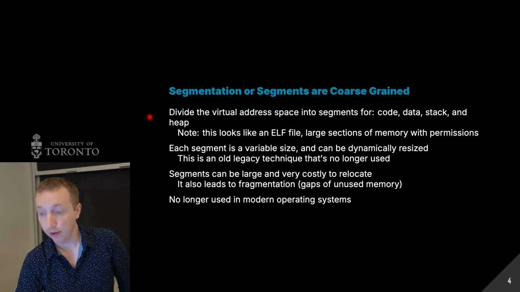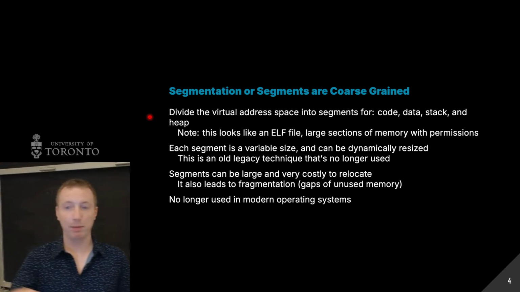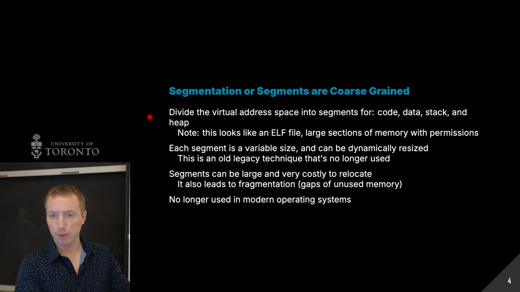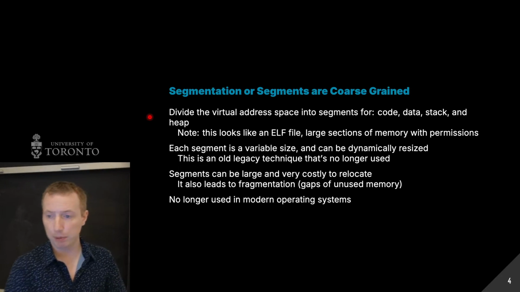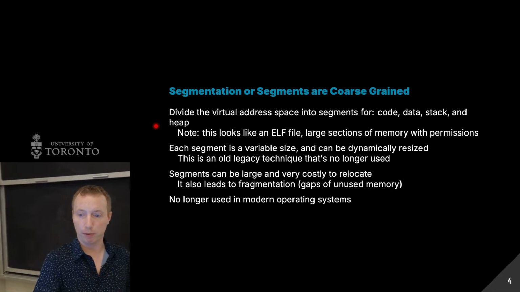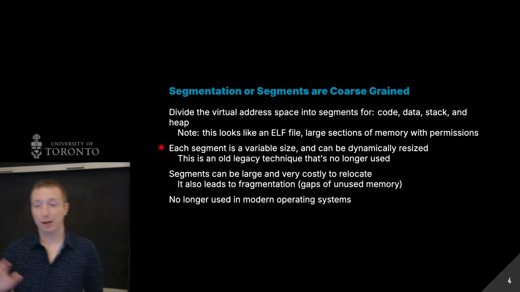What this does is divide the virtual address space for each program into segments, like one for code or instructions, one for data, maybe one for the stack, maybe one for the heap. It looks a bit like an ELF file, large sections of memory with different addresses. Each segment is a variable size.